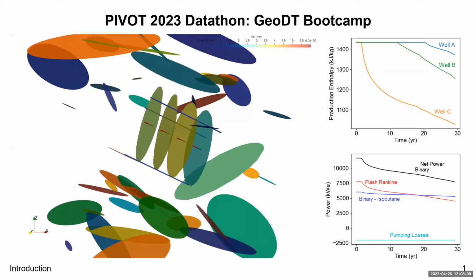With this tool, you'll be able to flow fluids through those fractures and evaluate the heat production from that system as a function of the well rate, the well spacing, and the flow rate that you have going through that system. So without further ado, I'll quickly introduce GeoDT and what it is.